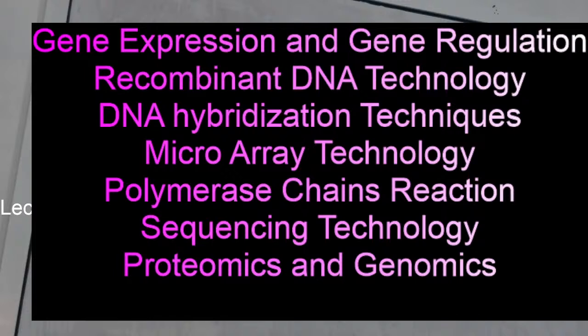Then immediately after that, we will proceed into understanding sequencing techniques and its applicability in microbial genetics. We will look at the types of sequencing techniques. We will look at whole genome sequencing as well, and we'll look at its application.